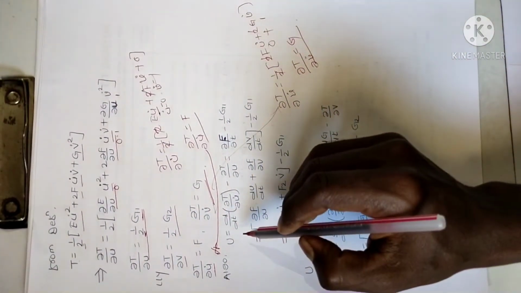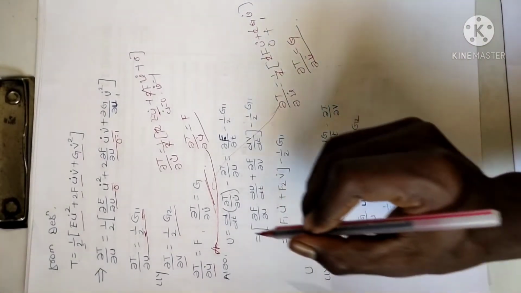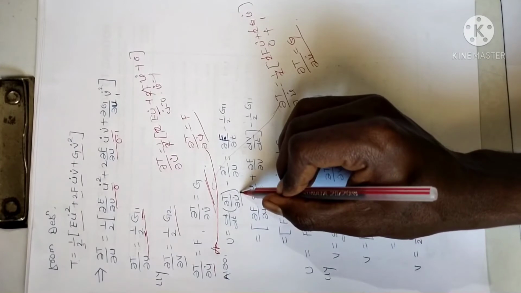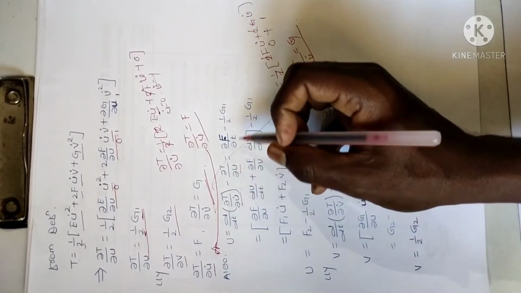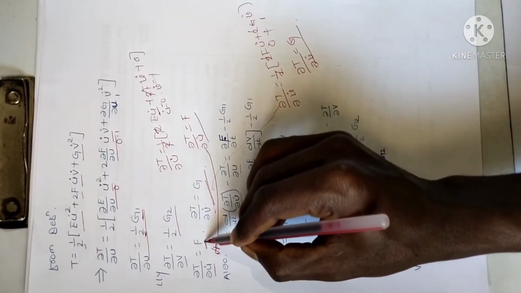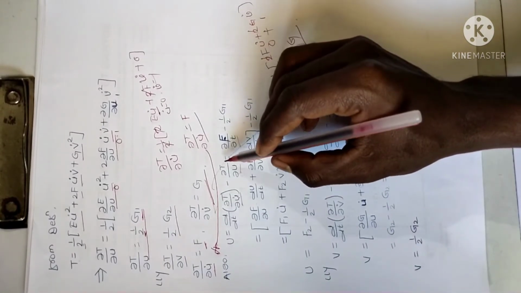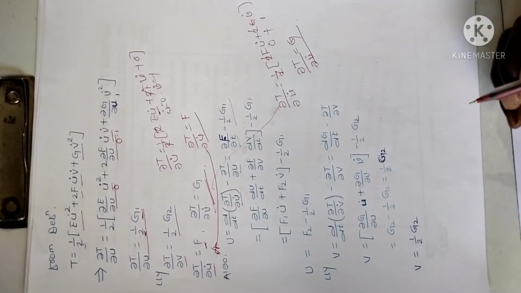Also, capital U is the differential equation of geodesic. Capital U is equal to d/dt of ∂T/∂u dot minus ∂T/∂u, which is equal to d/dt, and the value of ∂T/∂u dot is capital F. So dF/dt minus the value of ∂T/∂u, which is half of G1.